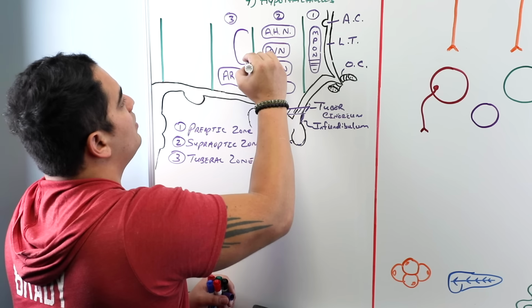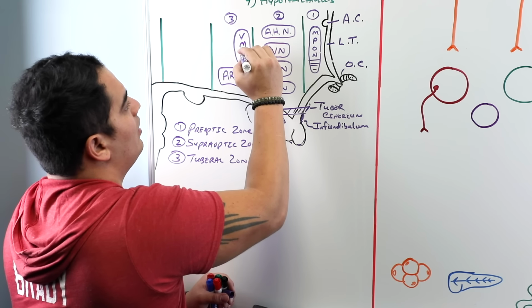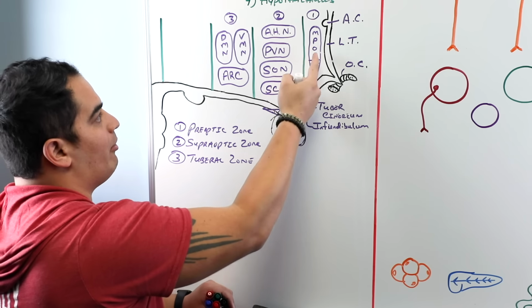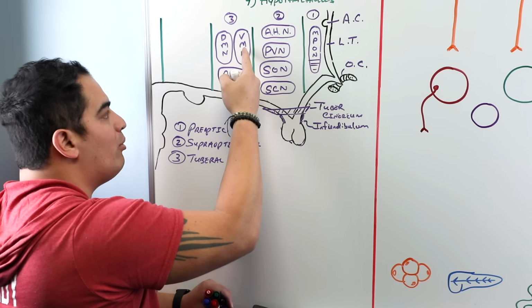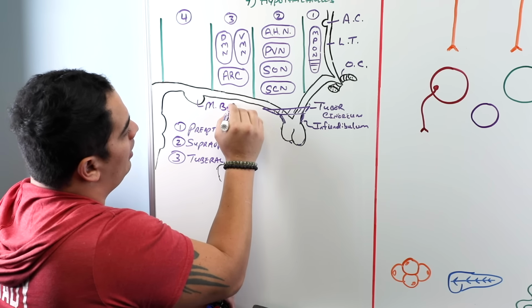Then you have a nucleus which is located more anterior or ventral. So we call this the ventromedial nucleus. Then you have one that's a little bit more dorsal. So this is called your dorsomedial nucleus. Okay? So we have the preoptic, supraoptic, tuberal, and the last and final zone. Remember that structure I told you, these little things hanging off of the hypothalamus towards the back? It's called the mammillary bodies, right?